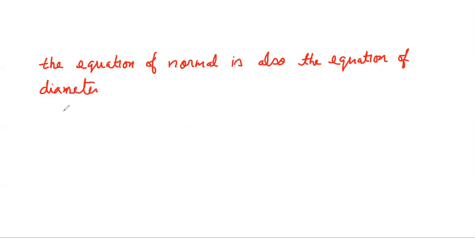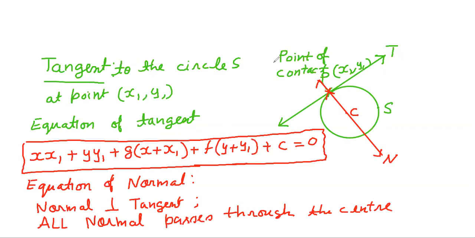So what is the equation comes out? If I write on the equations, you see here, this one point P is known to be x1, y1, and you know the center points are there. What is the coordinate of center? Minus g, comma, minus f. So 2 points are known to us.